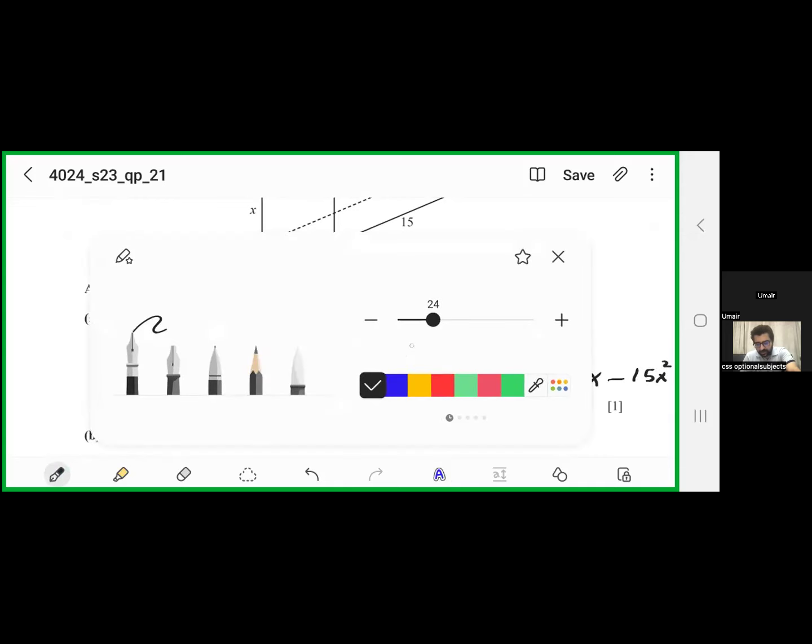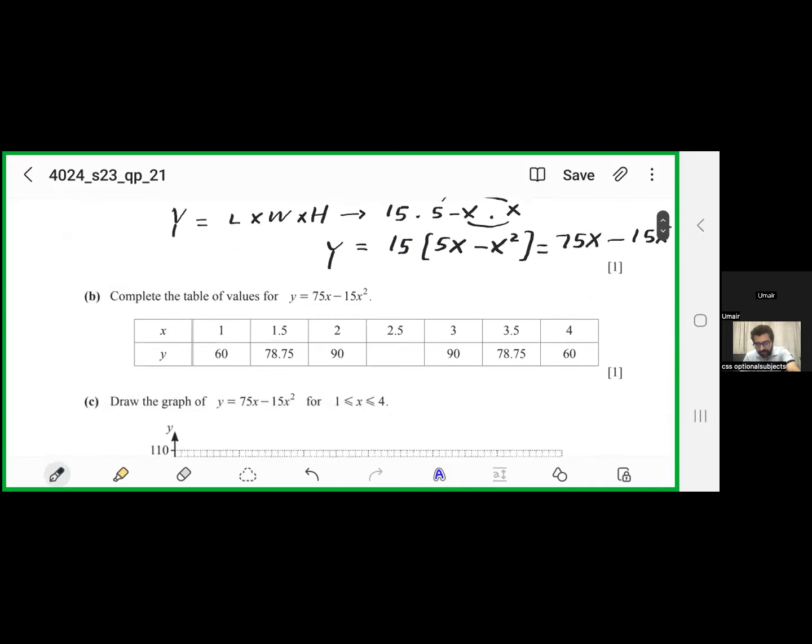Part B of the same question. Complete the table for the values for y is equal to 75x minus 15x square. You have to complete this part of the table, which is the value of y.